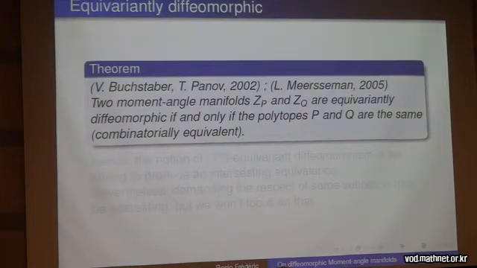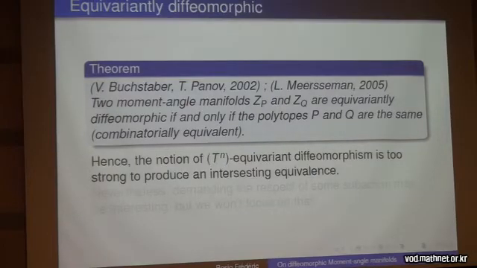If two moment-angle manifolds are equivariantly diffeomorphic, the polytopes are combinatorially equivalent. Here we only consider combinatorics of polytopes. Two polytopes with the same combinatorics are identified.